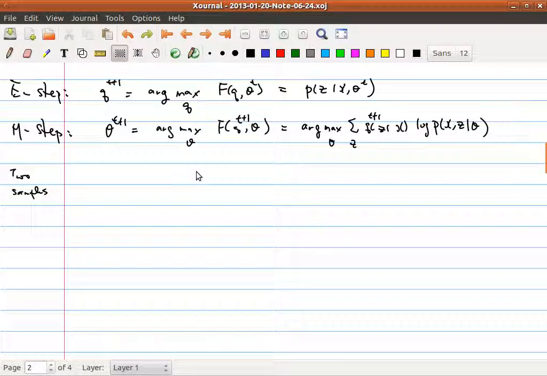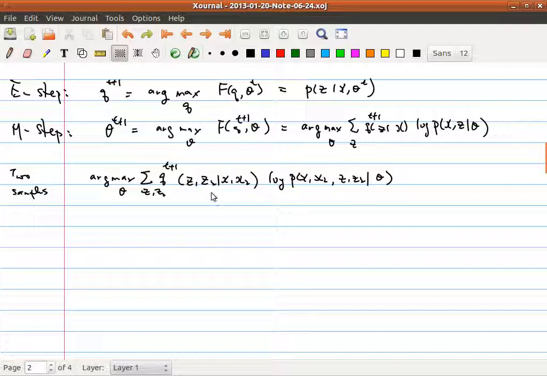When we have many samples, the expression should be the same, because we can think of z and x as vector variables. So if we have two samples, we'll have x1, x2, z1, z2, and we're supposed to sum over z1 and z2.